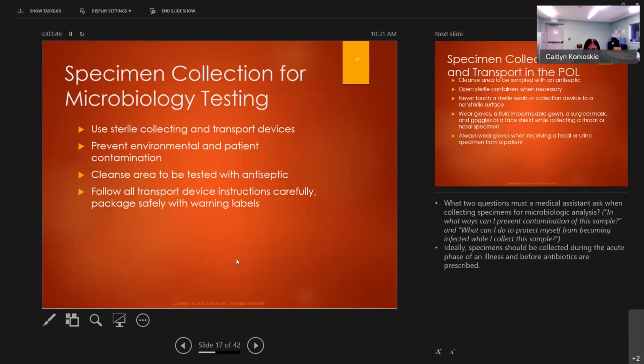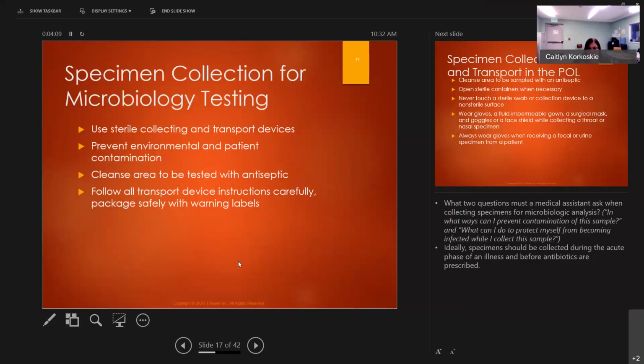We don't want anyone else to pick up any bacteria from that patient, because that bacteria can last on the surface since it doesn't necessarily need a host to survive. Depending on the devices you're using to transport these or the containers, you want to make sure you follow the instructions carefully.